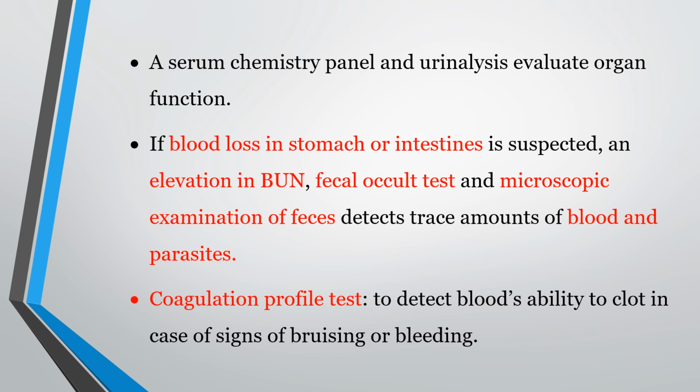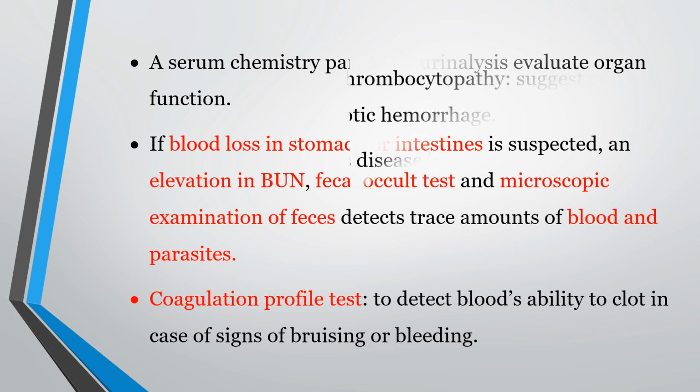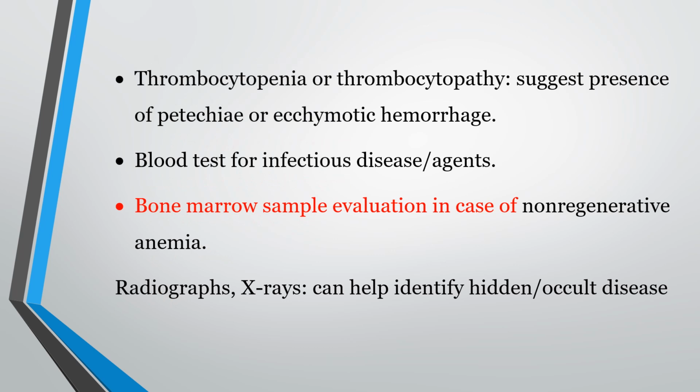Sometimes a coagulation profile test is also required to detect the blood's ability to clot, especially in case of signs of bruising or bleeding. Thrombocytopenia, a decrease in the number of thrombocytes, or thrombocytopathy, suggests the presence of petechial or ecchymotic hemorrhages somewhere in the body. Of course, the condition is rare.